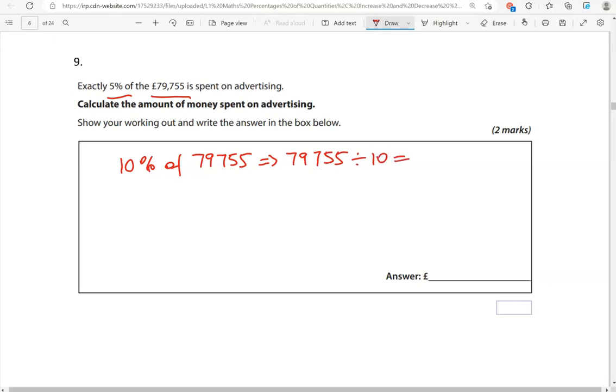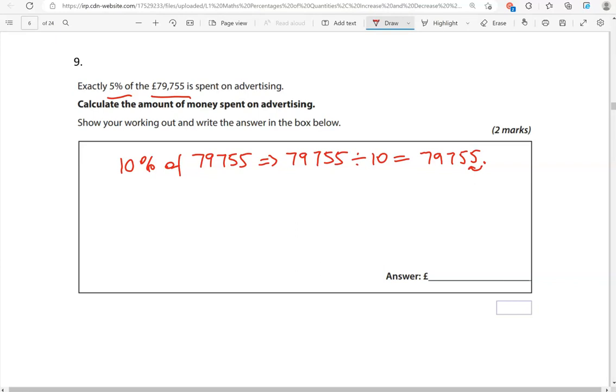So there is no 0 at the end, which means we're going to have to move the decimal point. So I'm going to rewrite 79,755, put a decimal point right at the end, and then move that decimal point one place to the left to make this number smaller, 10 times smaller.